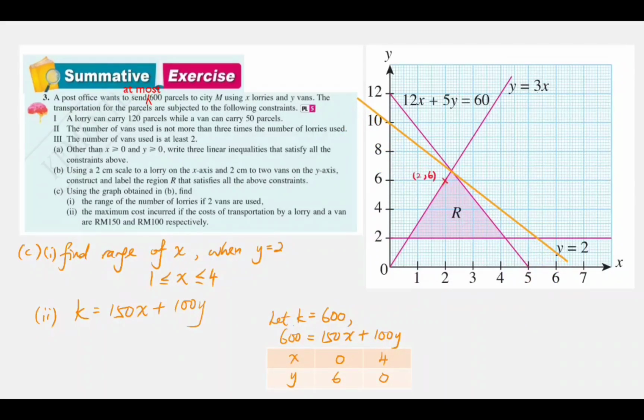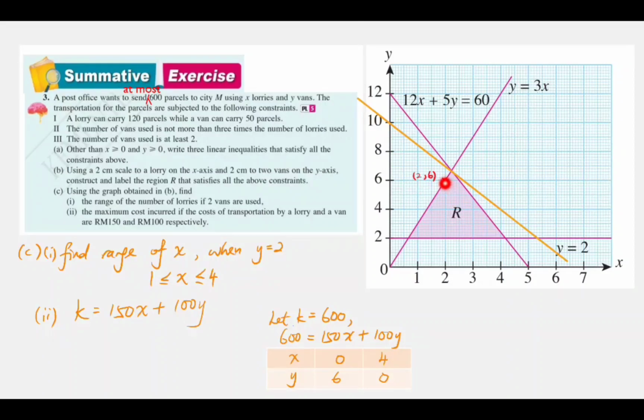And we'll see the last point is on 2.3 and 6.6. We don't have 2.2 lorries and 6.6 vans. So therefore, the nearest integer that we can get the maximum profit, the maximum cost, is 2 lorries and 6 vans.